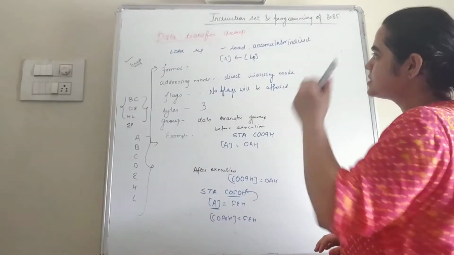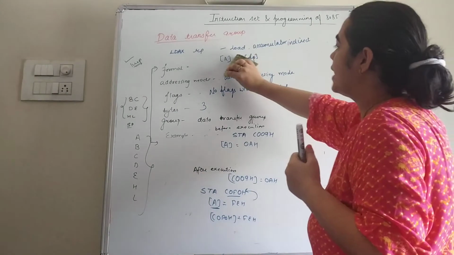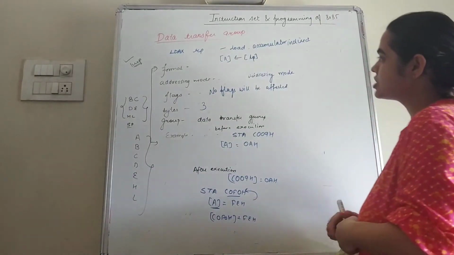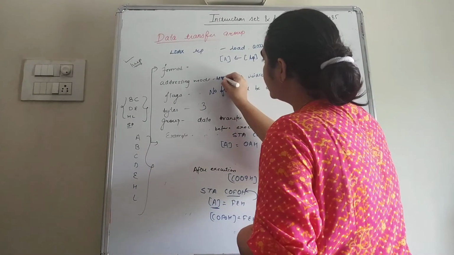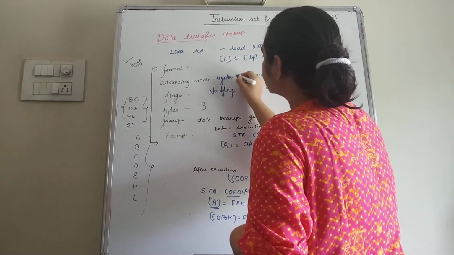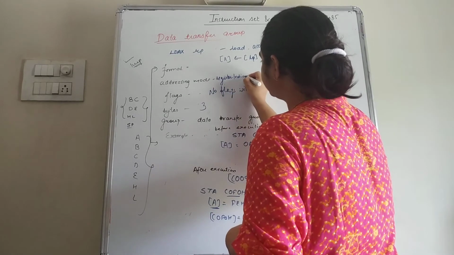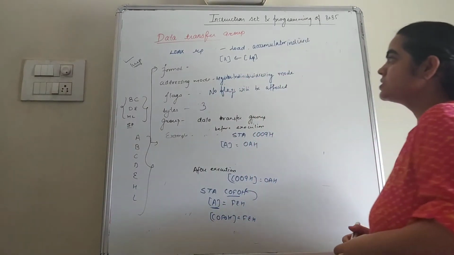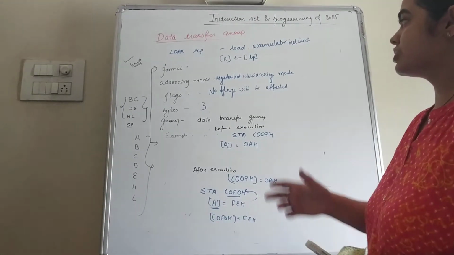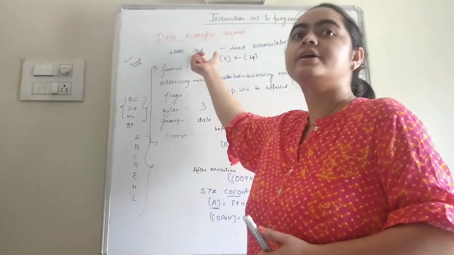Next is the addressing mode. Students, the addressing mode of this instruction is register indirect. Why is this register indirect? Because the memory location is stored in a register.